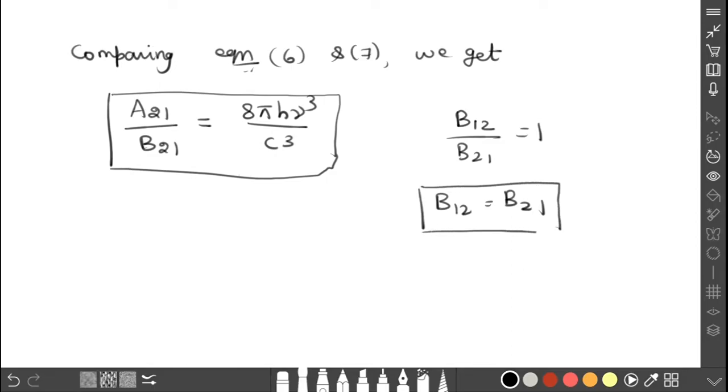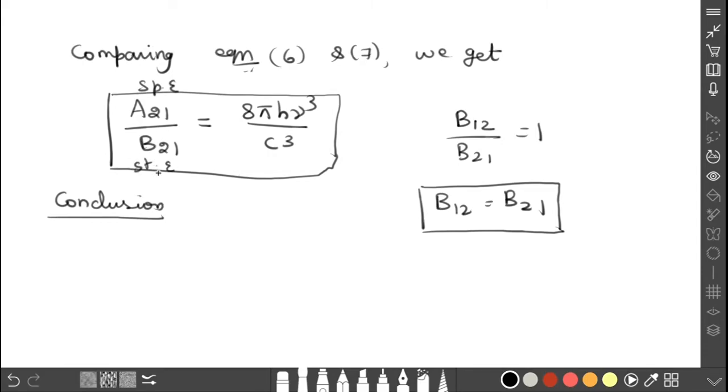What Einstein is going to say with the help of these two results, A21 by B21 and B12 equal to B21, what conclusion he made, that is what is important for this derivation. A21 is the spontaneous emission rate and B21 is the stimulated emission rate.